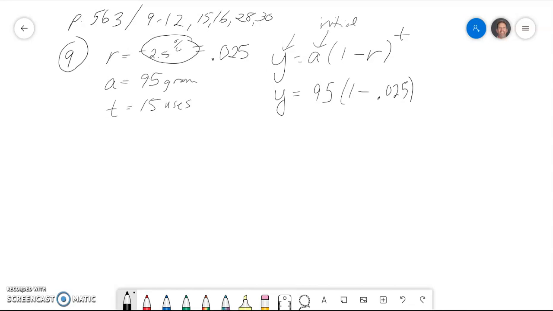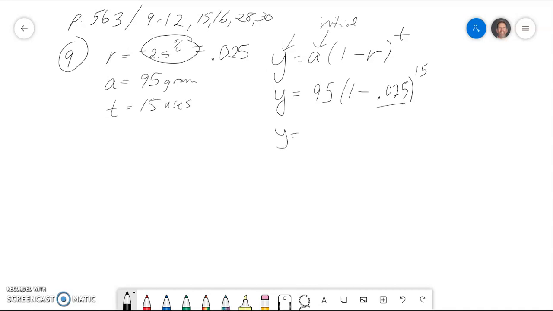In fact, if you put in 2.5, your bar of soap is decreasing at a rate of 250% per use. You're probably scrubbing too hard if that's the problem. All right, and then 15 is your number of uses. So you would put in 15 here. That's kind of your time because it's decreasing at this amount per use.